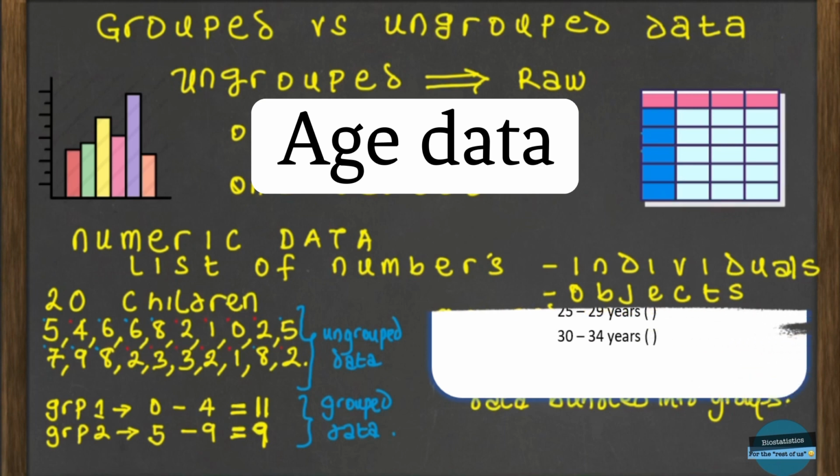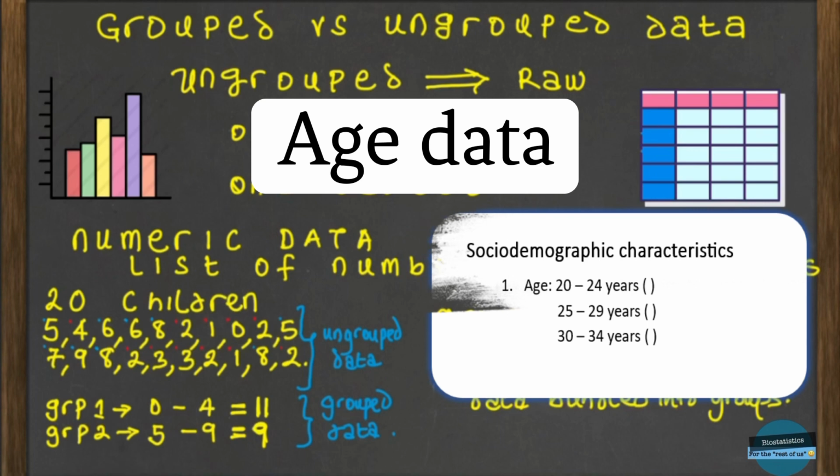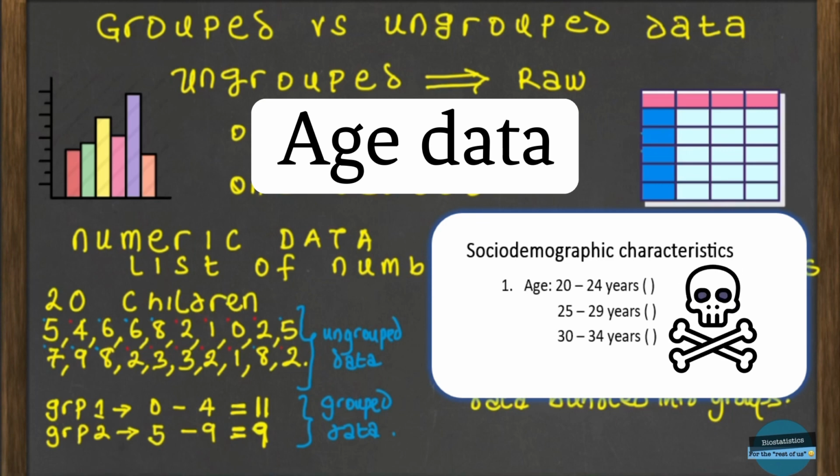And so you see them asking for age in a range, say 20 to 24 or 25 to 29 and the rest. Now, if you do this during data collection, you have successfully killed that data because, like I said, you can never ever get the true mean of age again.